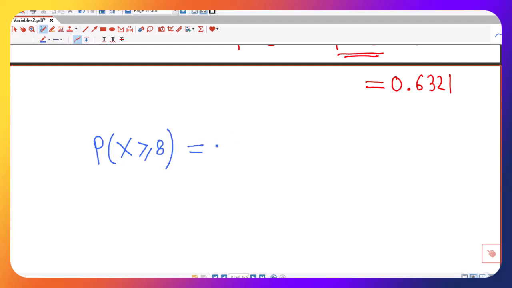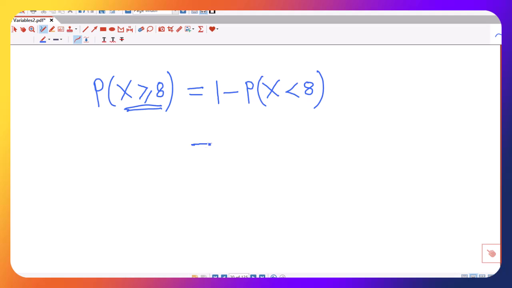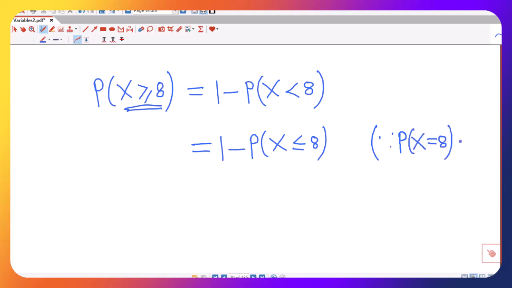So this I can write as 1 minus the complementary event, that is capital X is less than 8, and this is equal to 1 minus, we can rewrite this as capital X is less than or equal to 8, because capital X is a continuous random variable, and we know that for a continuous random variable the probability at a point is always 0.